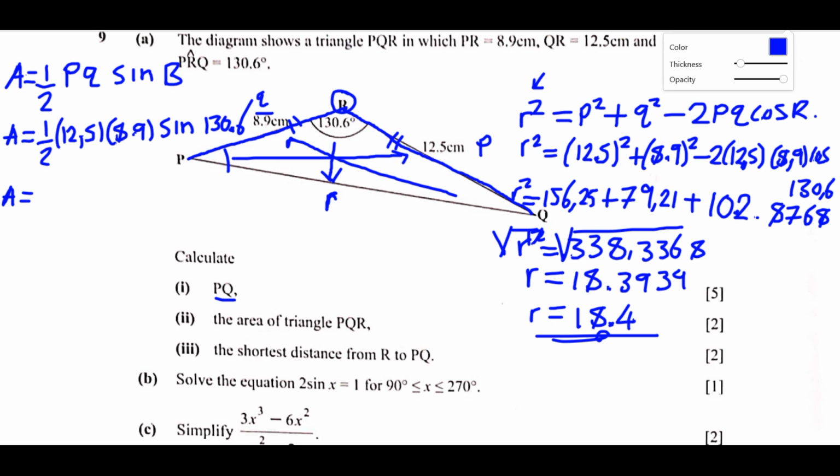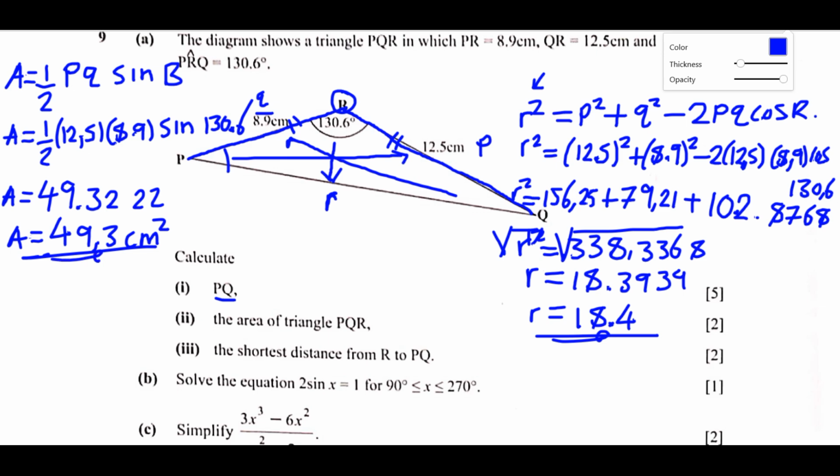So I'm going to say 12.5 times 8.9, then sine 130.6 divided by 2. According to my calculations, I'm getting the area of 49.322. So area is equal to 49.3 centimeters squared. So this is our final answer.